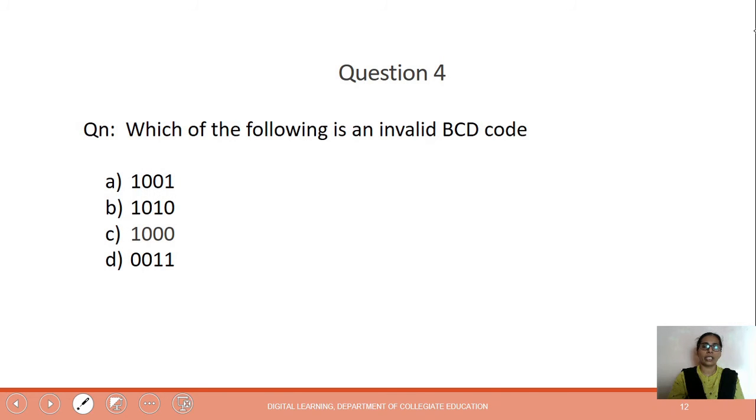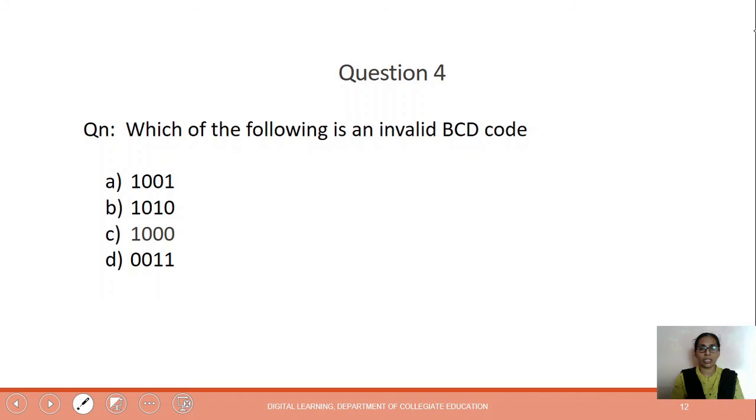Which of the following is an invalid BCD code? I have already mentioned we have 10 valid BCD codes corresponding to 10 decimal symbols 0 to 9, and other 4-bit binary groups are invalid in BCD.